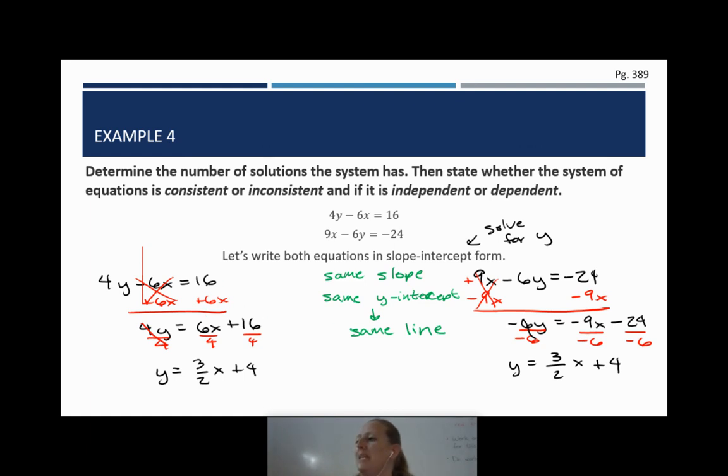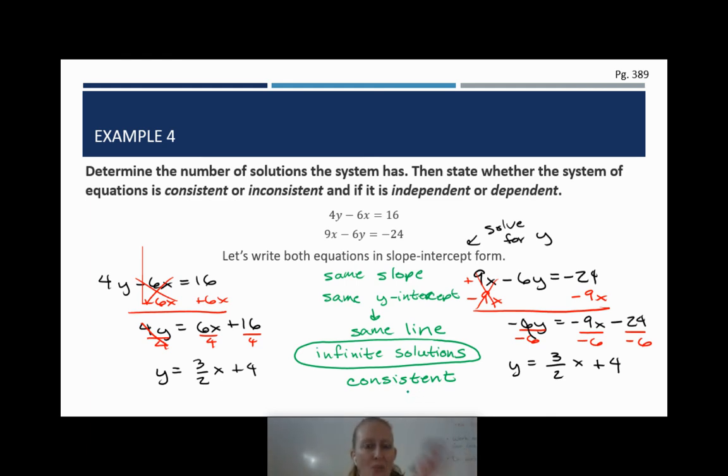So that means there are infinite solutions, right? Those lines would be smack dab on top of each other. So we have an infinite solution situation, which means it is consistent because they do intersect. But now that it's a consistent system, we have to decide if it's independent or dependent.